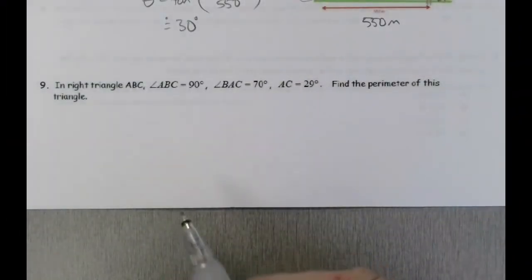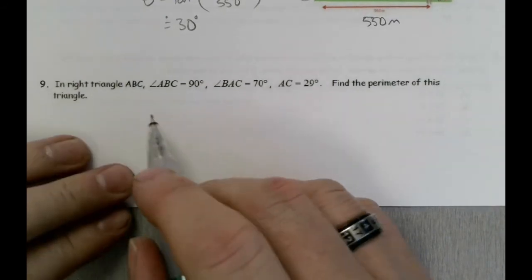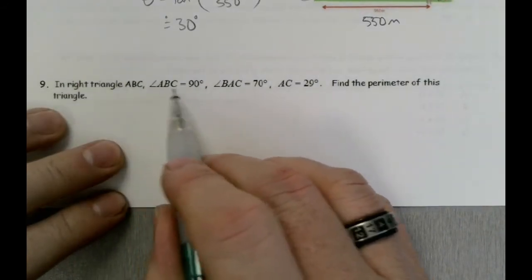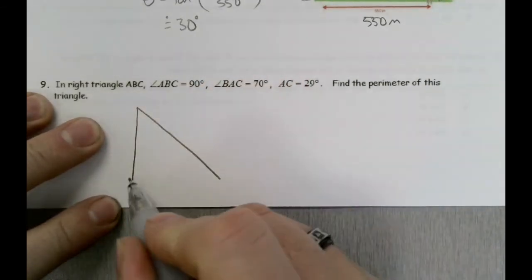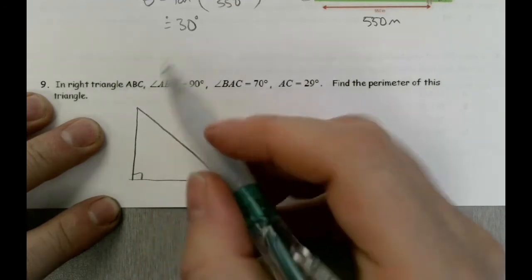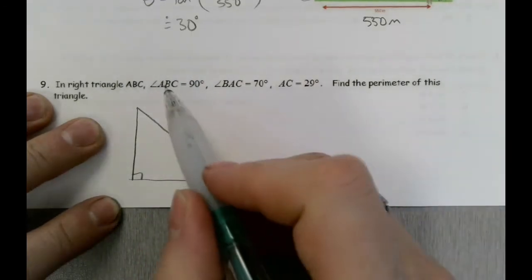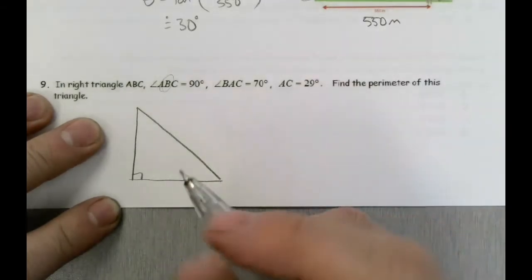So in this final problem that we're going to do, we've got right triangle ABC, where angle ABC is 90 degrees. Okay, so it really helps to have a diagram here. And when we label these angles, the middle letter is the vertex.